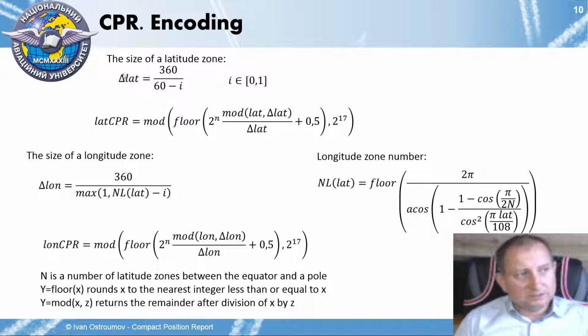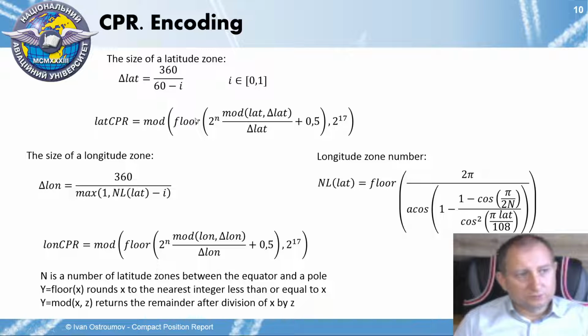Then if we have delta latitude, we can count our coded latitude by this formula, where the function mod returns the remainder after division of one argument by another argument. And floor is a function for rounding an input value to the nearest integer less than or equal to our value.